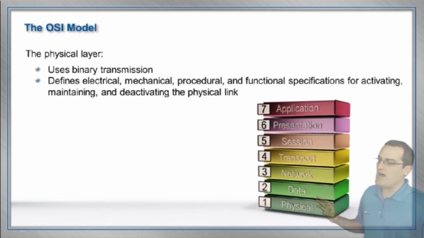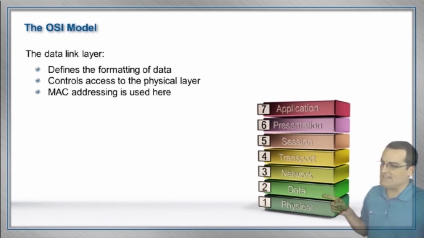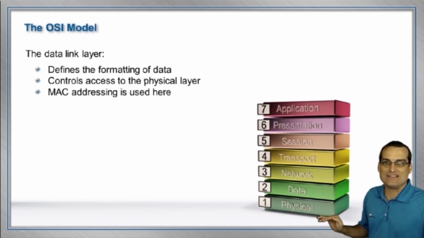Now, as you move up the OSI model, you'll see that the next layer is called the data link layer. Notice that here we're going to start to format data. The data is going to be formatted in such a way that it can be understood by the network layer above and by the physical layer down below. Notice also that it is the job of this data link layer to control access to the physical layer.